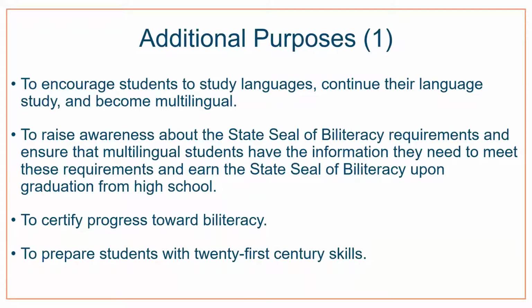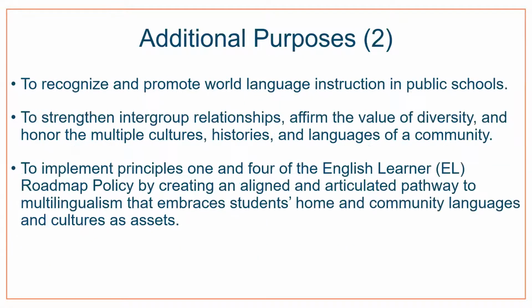In addition to the overall purpose, there are several other goals that this program hopes to achieve. These include to encourage students to study languages, continue their language study, and become multilingual, to raise awareness about the State Seal of Biliteracy requirements and ensure that multilingual students have the information they need to meet these requirements and earn the State Seal of Biliteracy upon graduation from high school, to certify progress toward biliteracy, and to prepare students with 21st century skills.